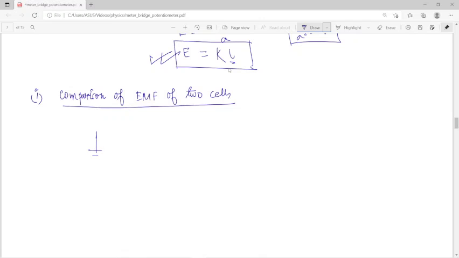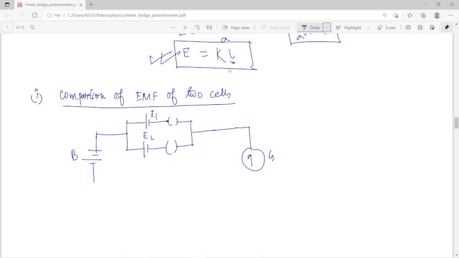So the corresponding circuit is this: this is the battery, and I have to compare the EMF, so there should be two cells. Say these are the cells E1 and E2, with a key, and a galvanometer is connected like that.